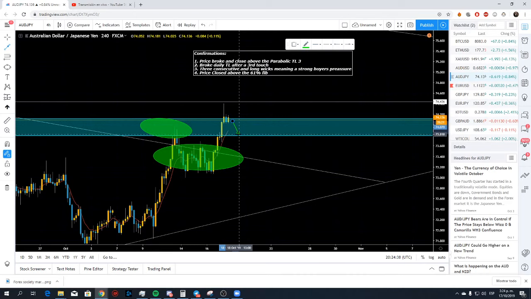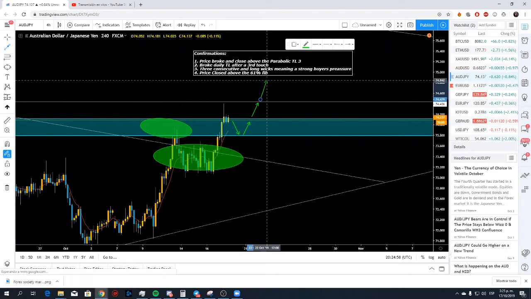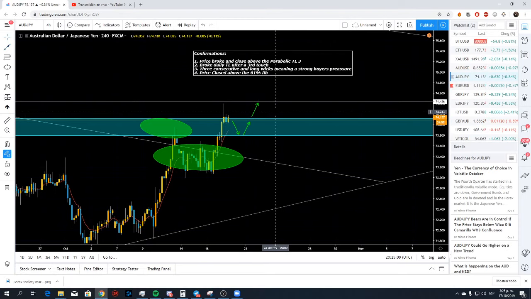It might do this, retest the 61 level and the top of this, which is now support, and retest that previous high at this point. Might do this, and do this. Well, we will find the targets in a few.